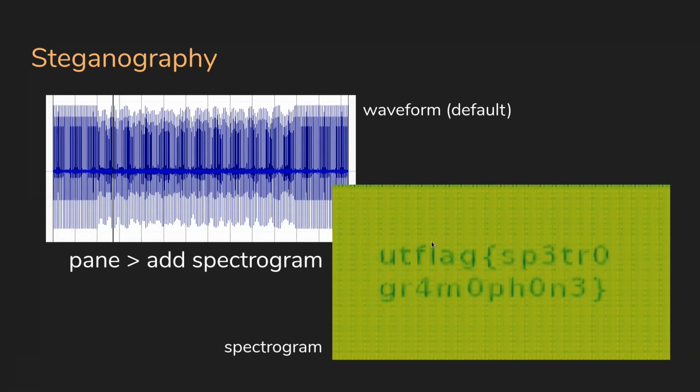The one thing I will mention about this is that if you listen to the audio file, it's going to sound garbled. It's not going to sound normal. If it's a long audio file that they give you, maybe they only encoded it in the last 2 or 3 seconds of the audio file.